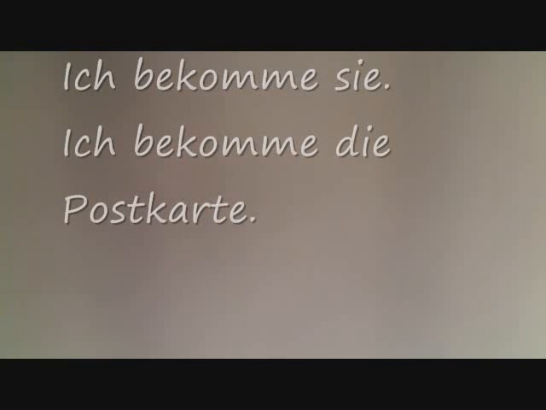It's what is receiving the action of the verb. Let's look at another one. Ich bekomme die Postkarte. I receive the postcard, but instead of saying I receive the postcard, we want to say I receive it. Okay? So the verb is bekomme. And so for it, since Postkarte is feminine, we're going to use sie. Ich bekomme sie.